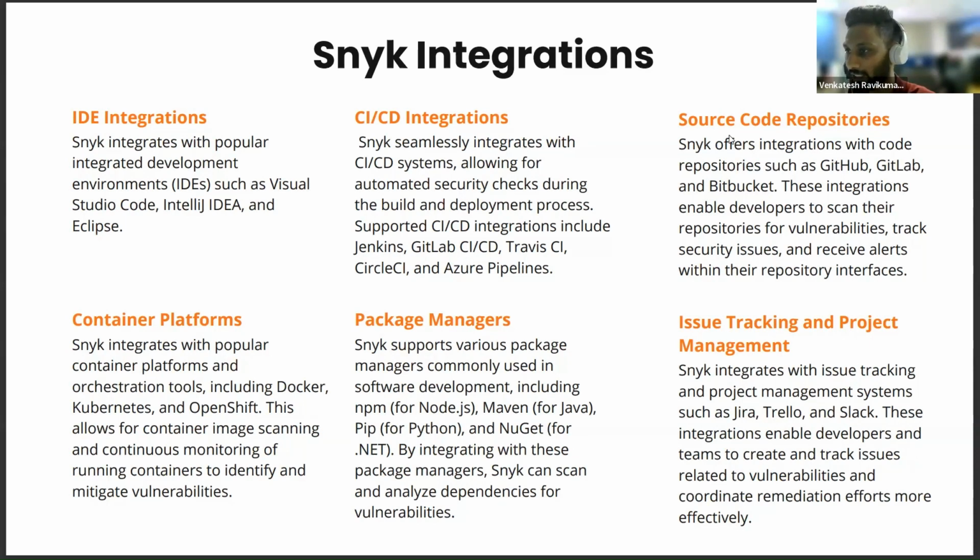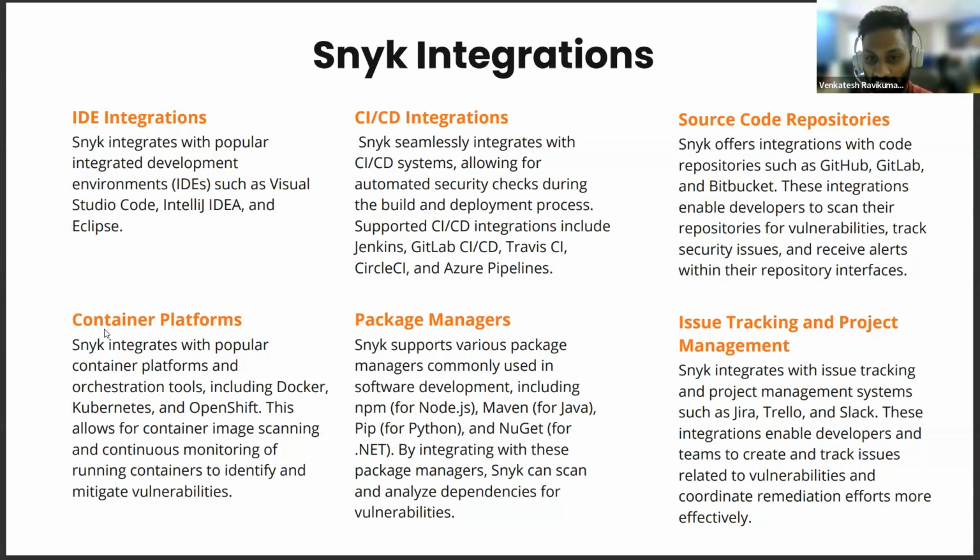Next is the Git repository, like GitHub, GitLab, Bitbucket. From these repositories we can configure it in the Snyk website, and whenever the code gets checked in, it automatically scans and a summary will be available in the dashboard. That thing I'll show you.